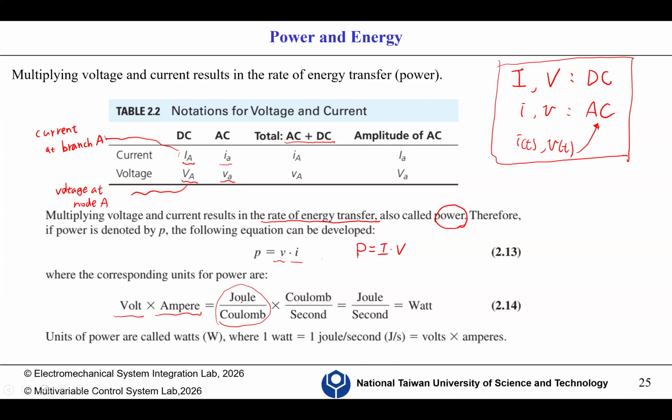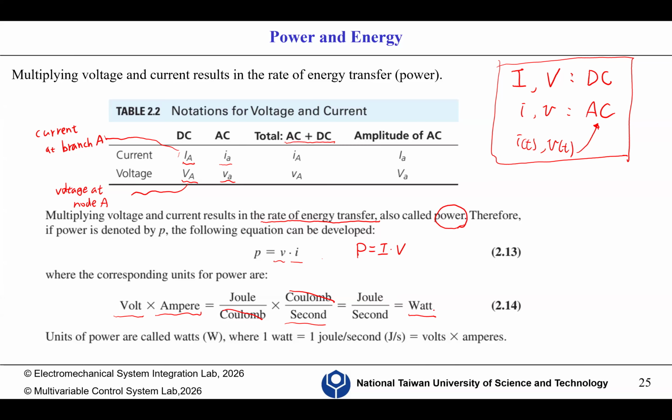So it's joule divided by coulomb. And ampere is the rate of charge; the unit of charge is coulomb, and the unit of rate of charge is coulomb per second. So you can cancel the coulomb and you have joule per second. And joule is the unit of energy. It means if it's a resistor, the energy it consumed per second. And we have a unit to describe joule divided by second, which is watt.